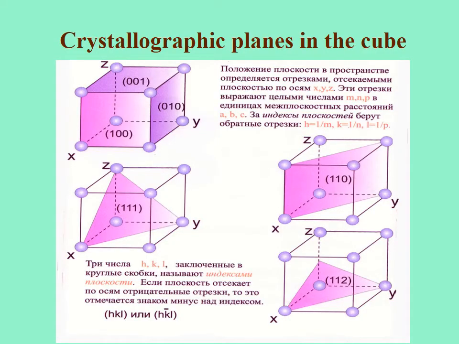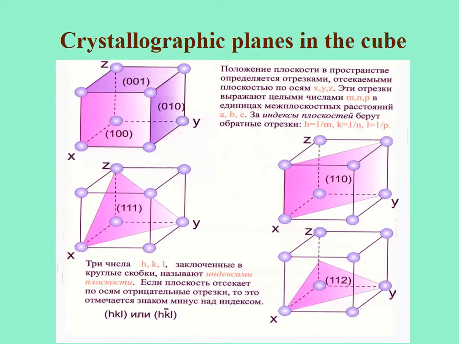Here you can see the crystallographic planes in the cube. For example, the plane Z, O, Y has the symbol 1, 0, 0. This plane is parallel to the front face, and the symbol of this set of planes is 1, 0, 0.